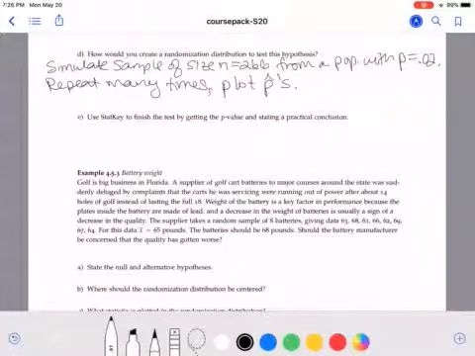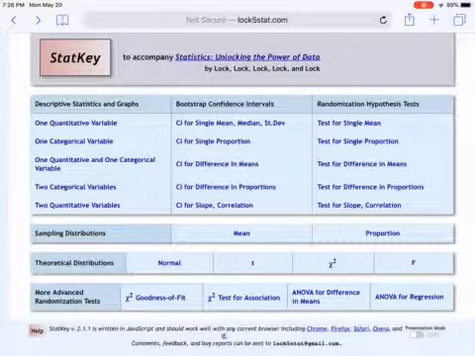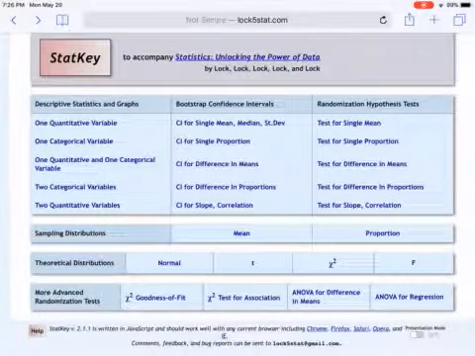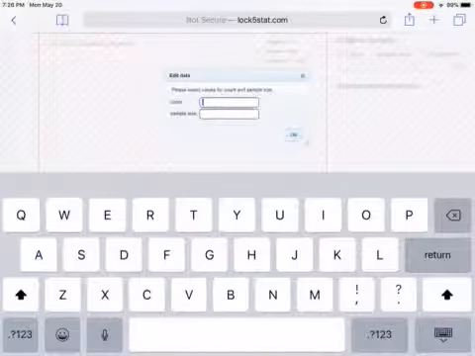So we're going to use StatKey to finish the test by getting a p-value and then stating a practical conclusion. Our actual sample value here was 16% or 0.16. We want to do the simulation, get a plot of p hats, and see where our 0.16 falls. When we go to StatKey and do a test for a single proportion, it's going to ask us to enter our data, a count and a sample size.